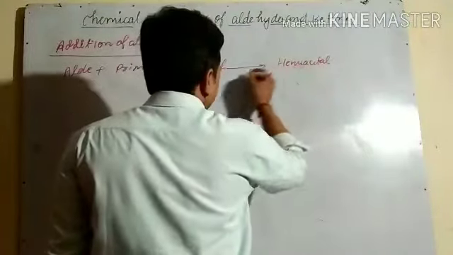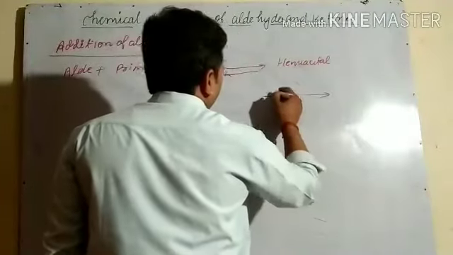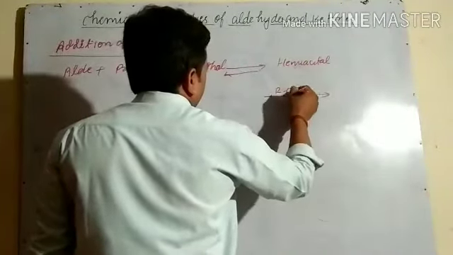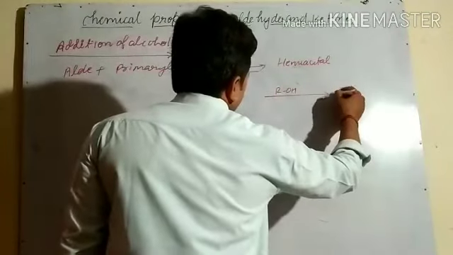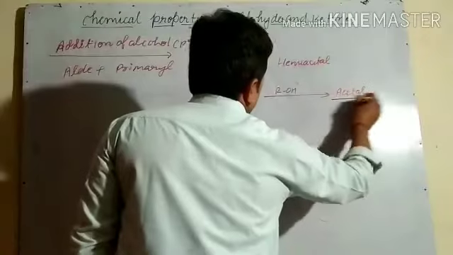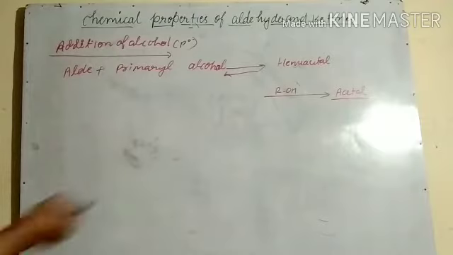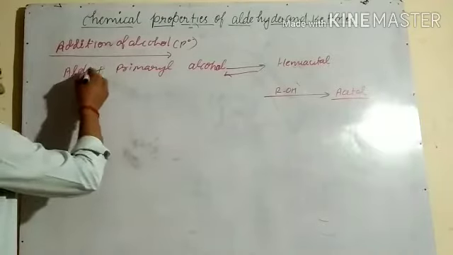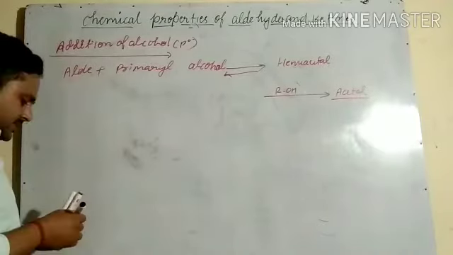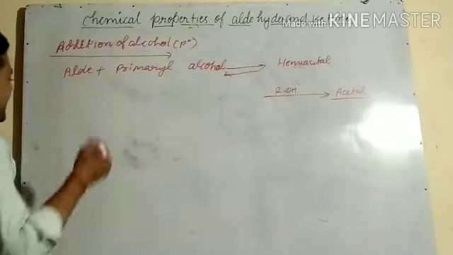This is a reversible reaction. Further, one more mole of alcohol reacts with it to form an acetal. Okay, so let us see how it reacts and how the product is obtained. This much shortcut you have to remember. Okay, let us see the aldehyde.